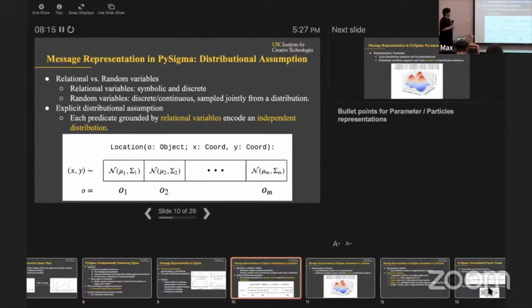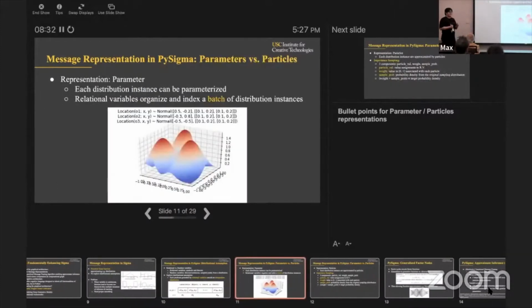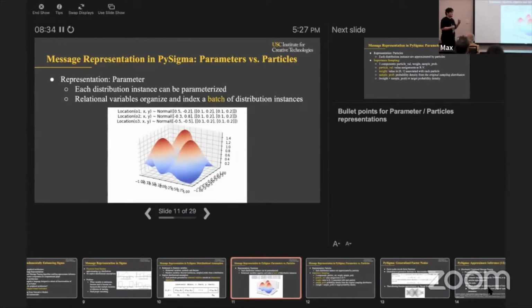You can think of each predicate grounded by the relational variables here. For example, if you go back to the locational predicates, if it's grounded by the relational object variable, it's basically a batch of independent distributions. There are two ways we approach the representation of this distributional assumption. The first way is using parameters.